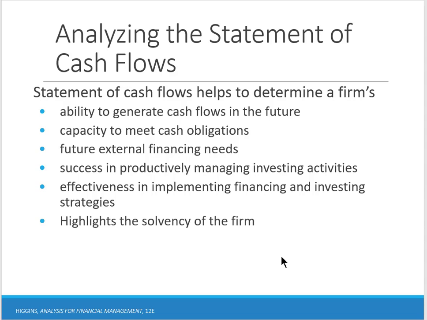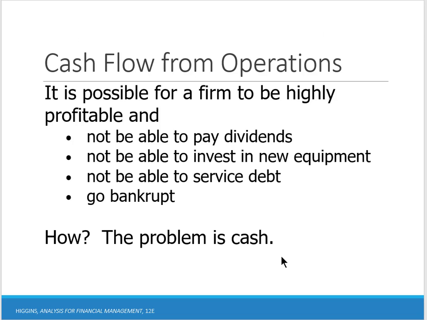What is the productivity of investing assets? How effective, how efficient are the operations of the company in producing cash flow? And finally, it really gives us a highlight, if you will, of the solvency of the firm.